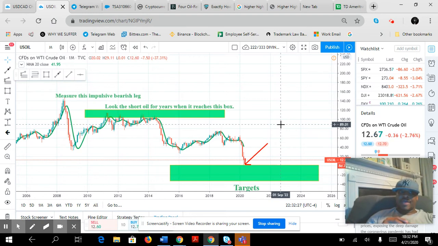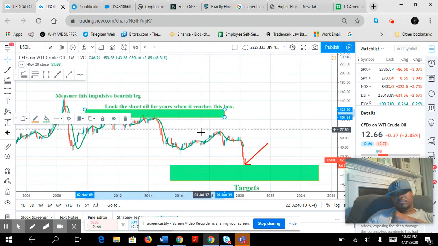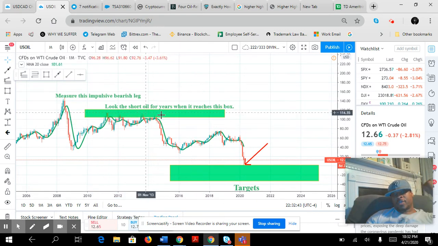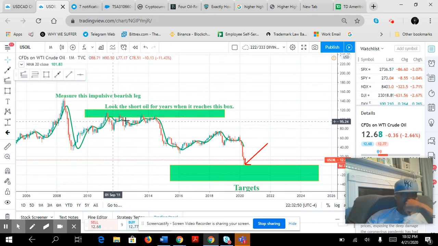If X, Y, Z do this, then I will do that. If X, Y, Z doesn't do this, then I won't do that. See this first green box up here? We would have never gone short if it didn't come into this area. Only when it comes into this area do we look for shorting opportunities. If it didn't come, we don't touch it.